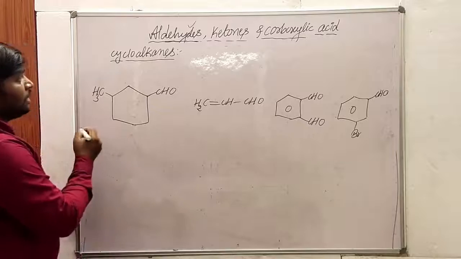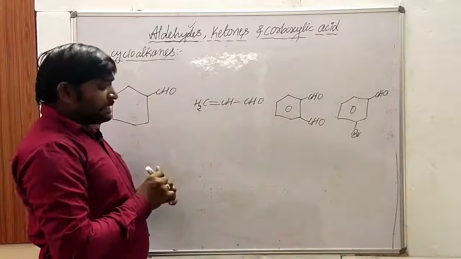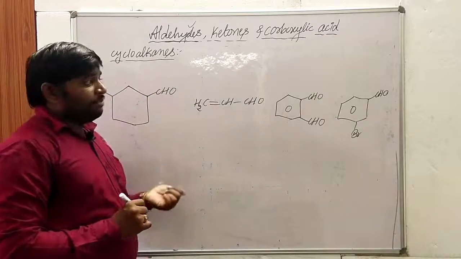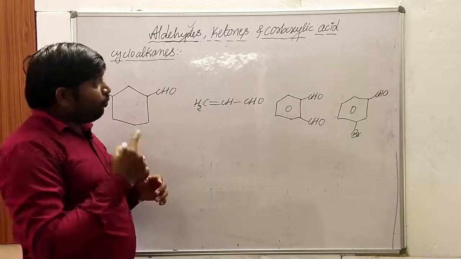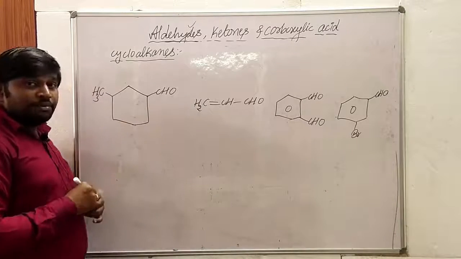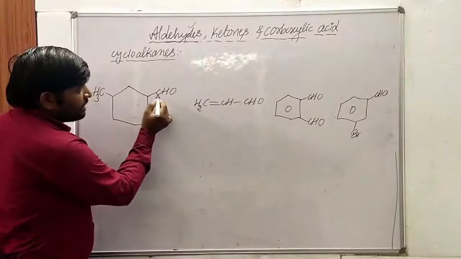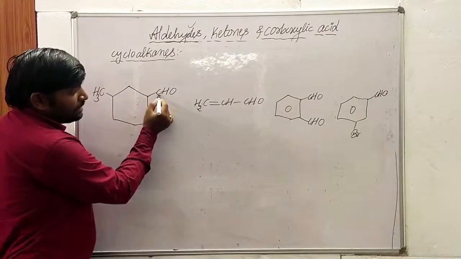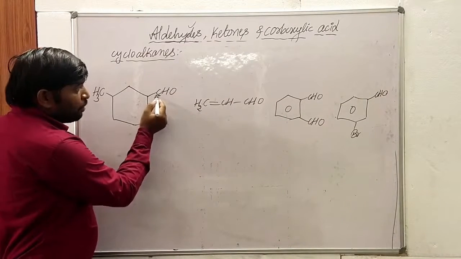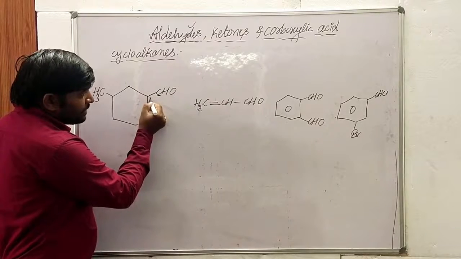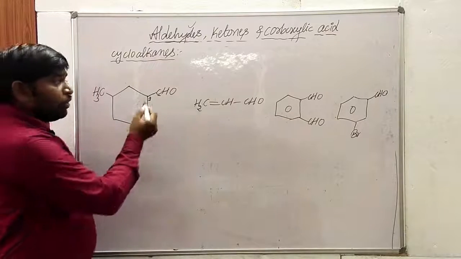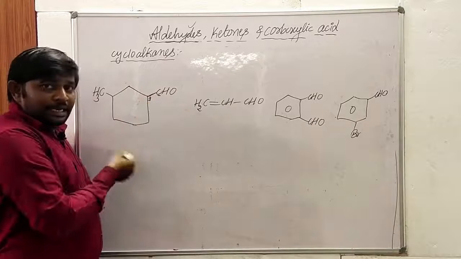Now let us consider a cyclic compound. While assigning the numbers we have to take care about which side to number from. Whatever the compound, if there is a carbonyl group, the carbon atom carrying the carbonyl group is always considered as 1.